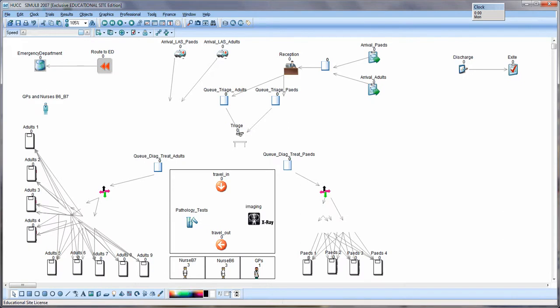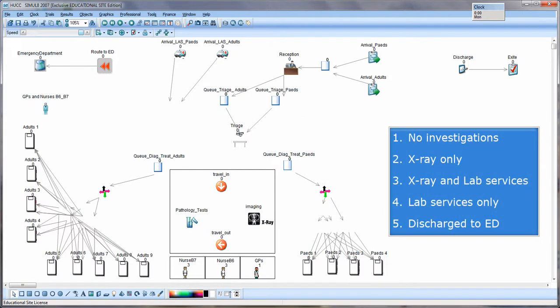As a result of triage, there are 5 possible pathways: patient with no investigations, patient using X-ray only, patient accessing X-ray and laboratory services, patient having laboratory services only, and patient routed to ED. Each group has its own set of priorities.